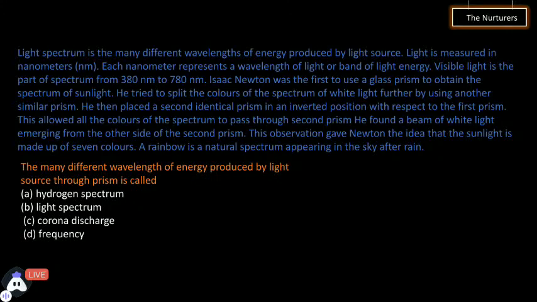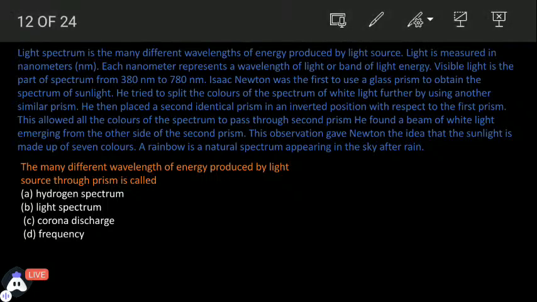The many different wavelength of energy produced by the light source through the prism is called. The different wavelengths of energy being produced from the main light source after passing through the prism, what do we term that as? A, do we term it as hydrogen spectrum, B, light spectrum, C, corona discharge, or D, frequency?